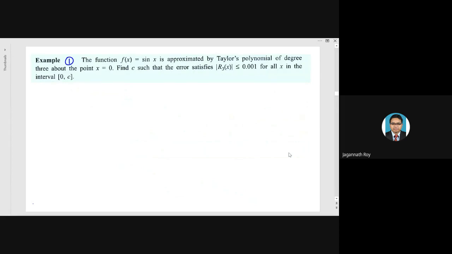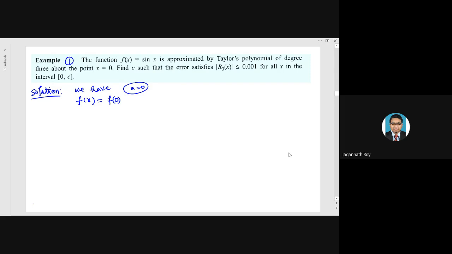The first one is, let us write the solution. We have f(x) = f(0), since a equals 0 is given.